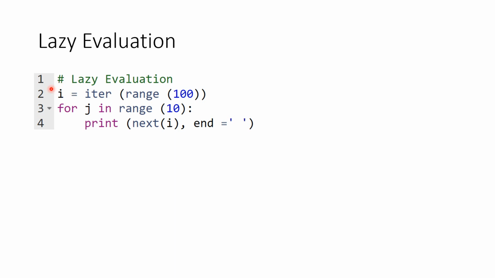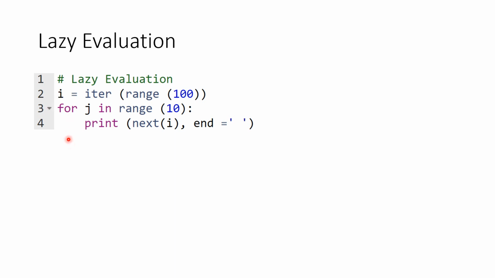Now please understand that i here is not a number. It is an iterable object in the range of 0 to 100 values. This will produce the range of int values from 0 to 100, but now we can iterate through it.